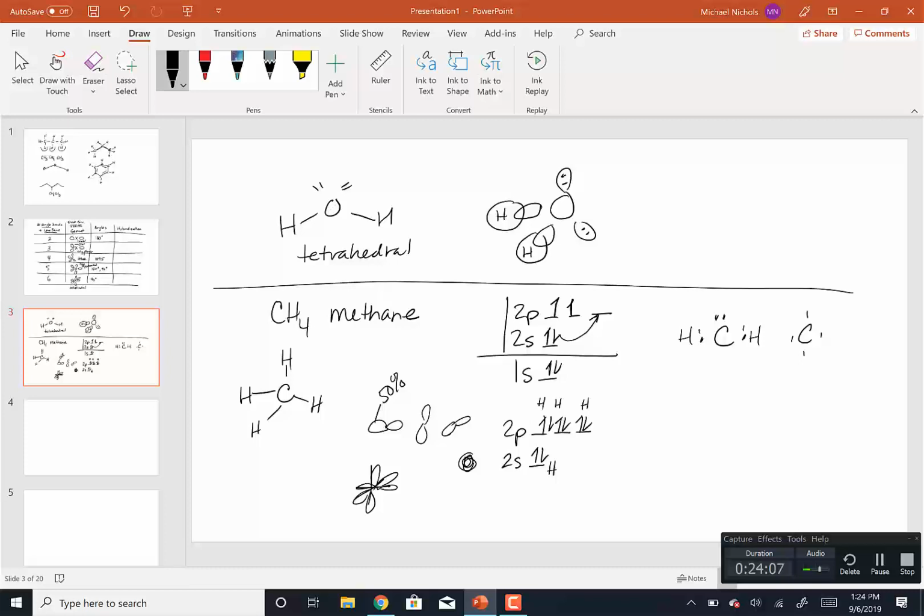So overlapping 2 spheres isn't the best. Overlapping a sphere with a lobe that only has 50% of the electron density, that's not going to form a very strong bond either, because you only have 50% of the electron density in that lobe. So what happens is that we basically are going to mix, or we are going to hybridize the s with the 3p orbitals.